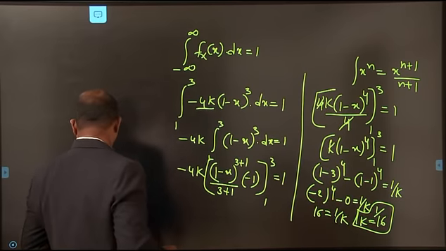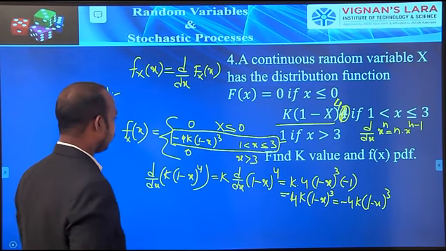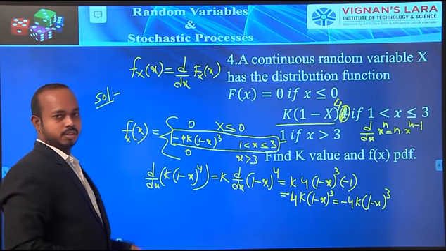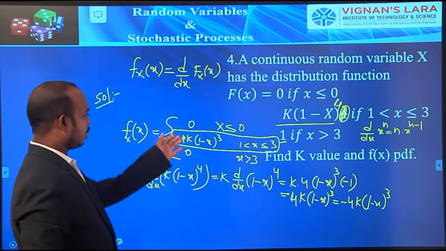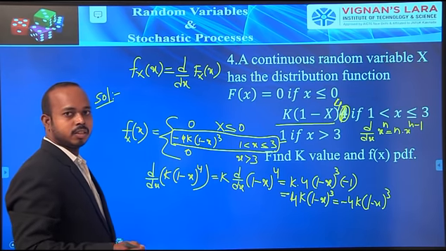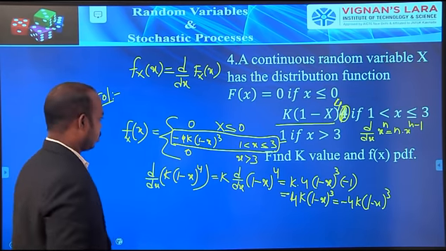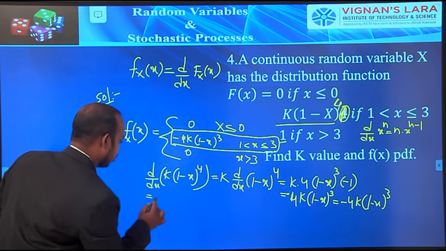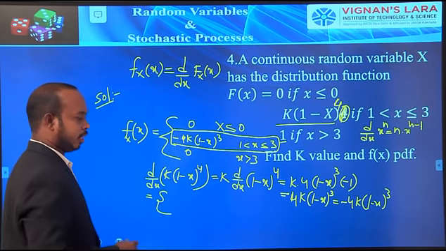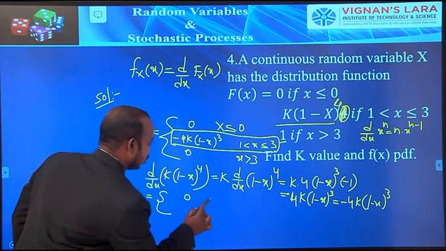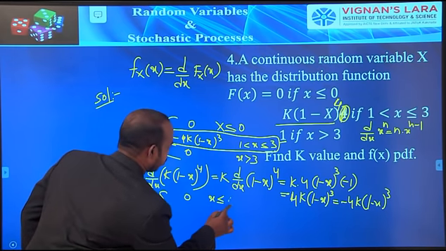Now you can represent the k value in the density function. Wherever the k value is there, you put k equal to 1 by 16. Here I am replacing the density function with the value of k. The first value is 0 when x is less than or equal to 0.